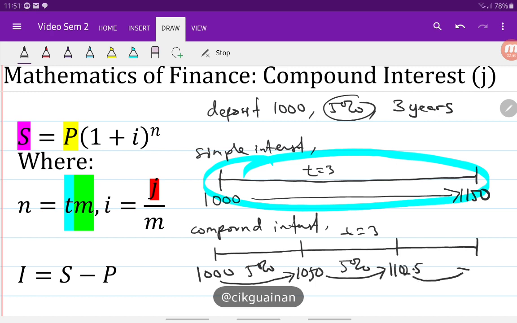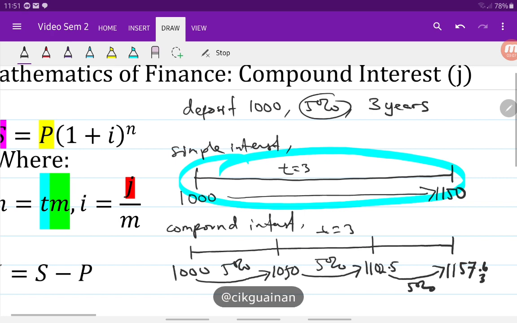And then we calculate another 5%, again, and we get 1,157.63.